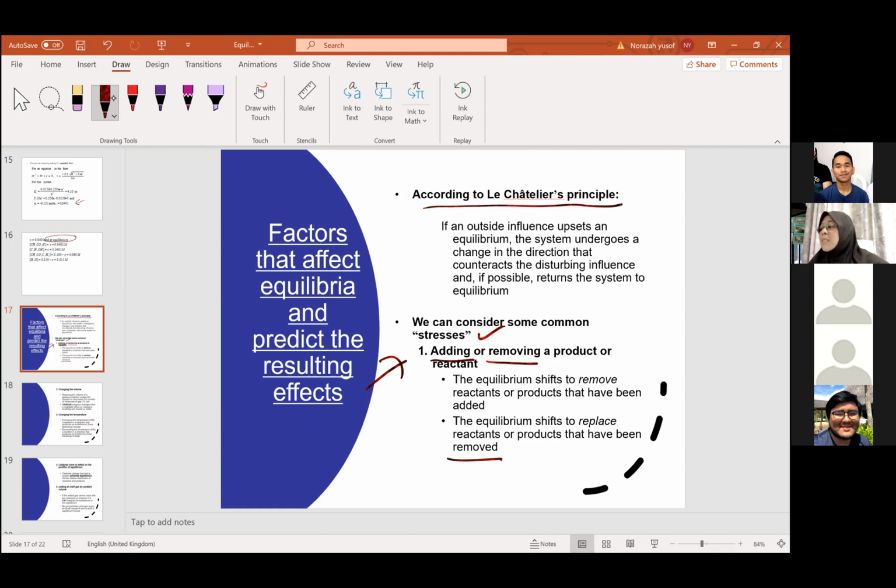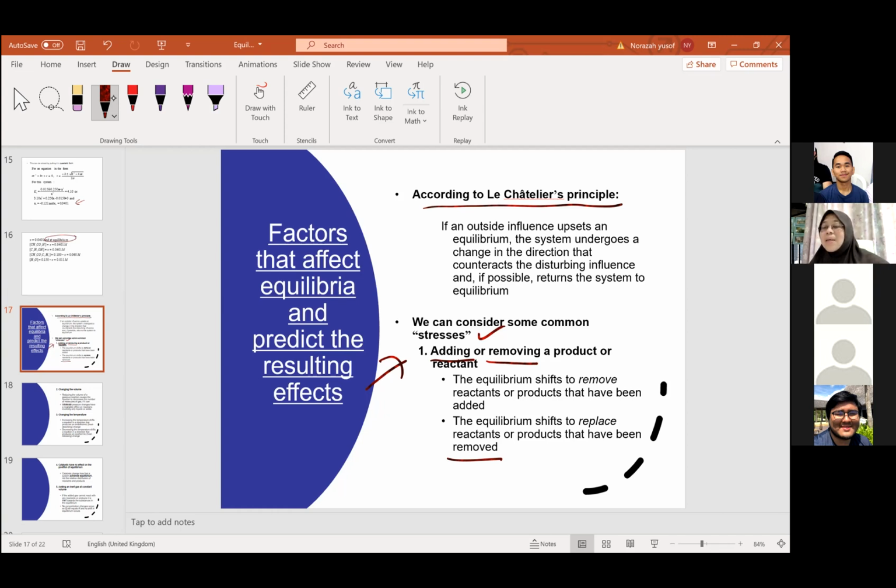According to Le Chatelier's principle, the equilibrium will shift to the right or to the left. The equilibrium will shift forward or to the reverse.